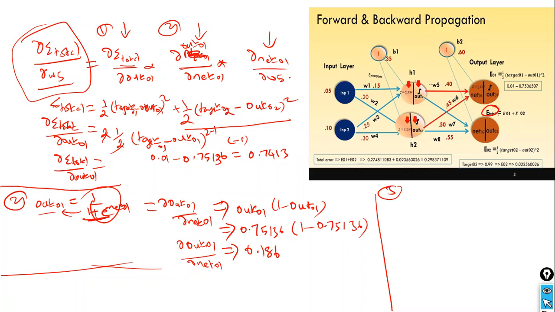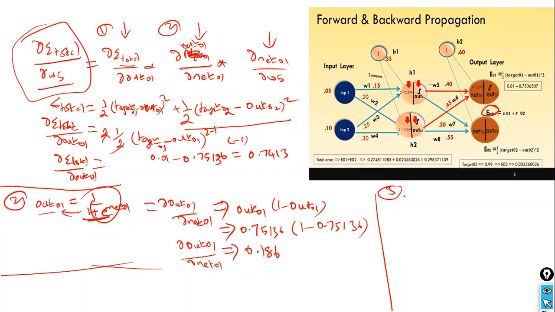So net O1. What is net O1? This net O1 is depending on what? The W5 into out H1 plus the W6 into out H2, see for this the inputs are coming from here and here. For this the inputs are coming from here to here. So red color only, that's why I have given different colors here.